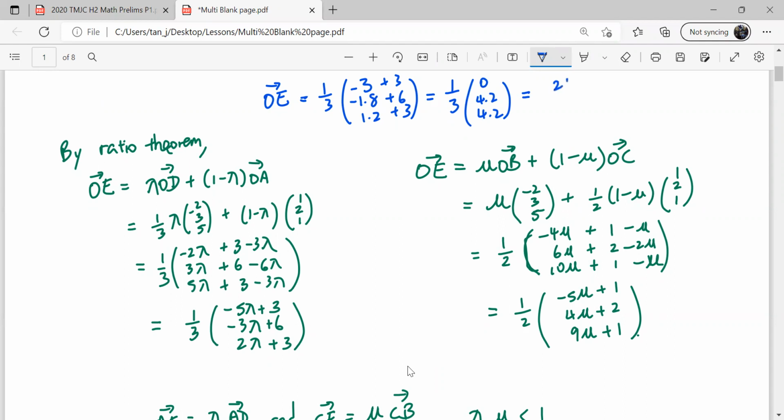So you get 21/5 times 1/3 of OA. Yeah, so you get the same thing, 7/5 of OA. I mean, you can leave it as here also. I just need to show that it's the same thing.